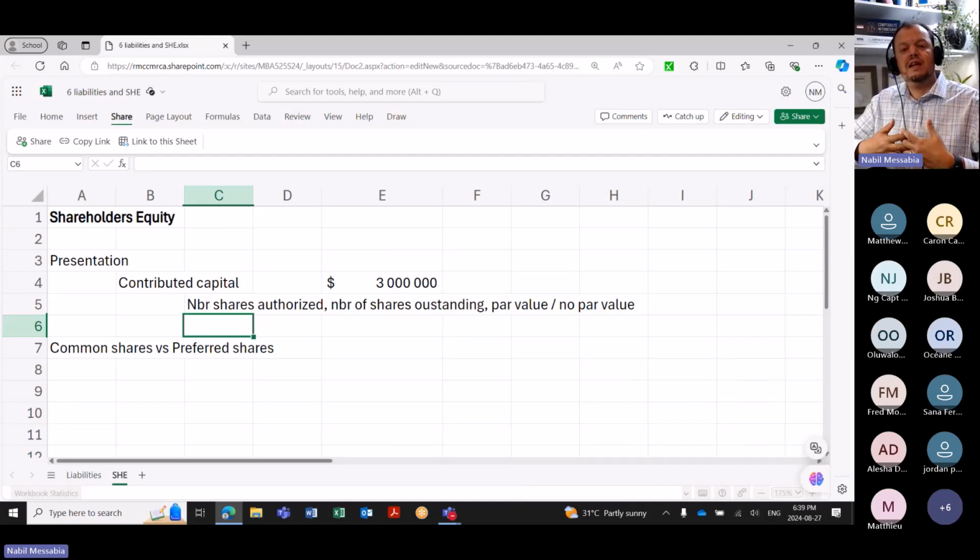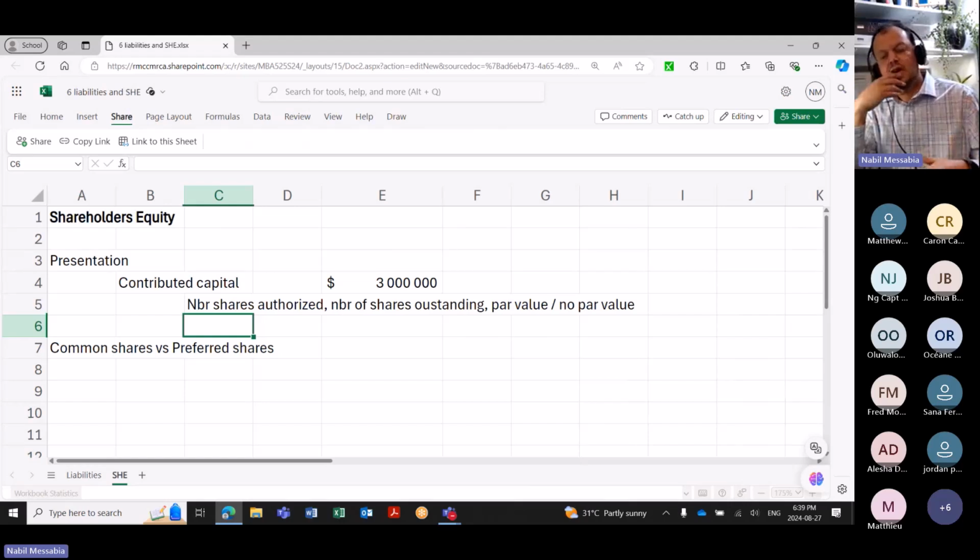A company may issue shares at par value, which means a predetermined value, which is determined by your lawyer or by your accountant, versus the real issuance price, which is determined by the market. So when you issue shares, you can say the par value is $10, but the market is willing to pay $9 only, or maybe $11.